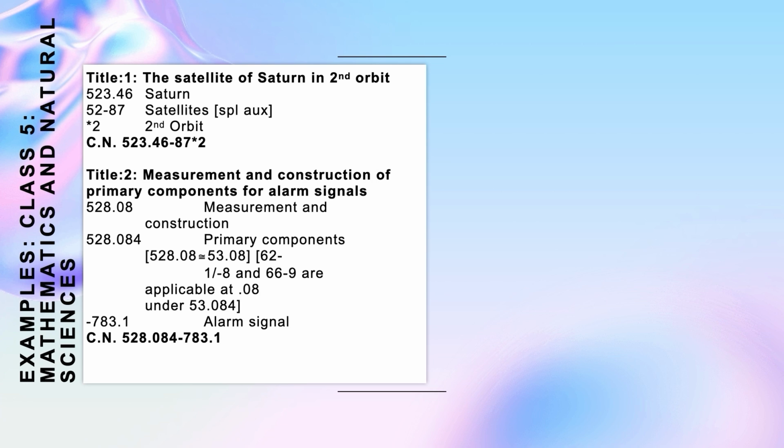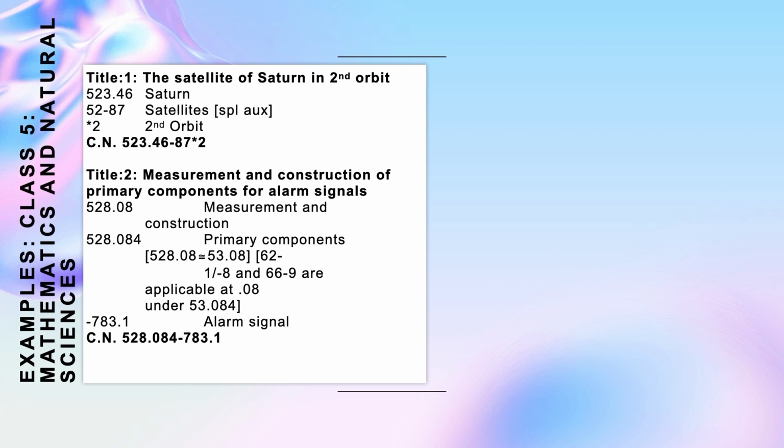Then there is a special auxiliary under 52, that is -87 for satellite, and we put an asterisk sign for the non-UDC number for second orbit of Saturn. So the final class number will be 523.46-87*2.